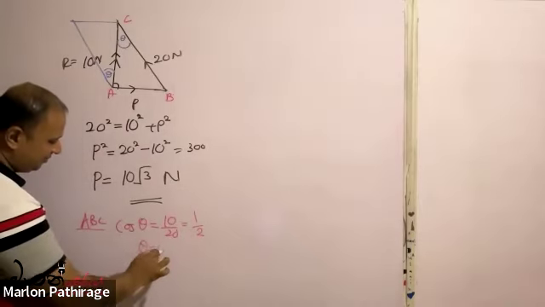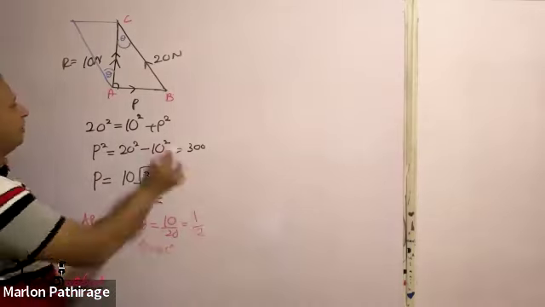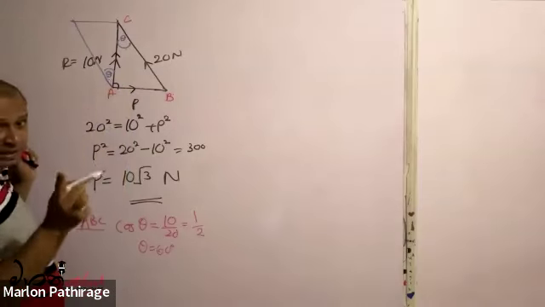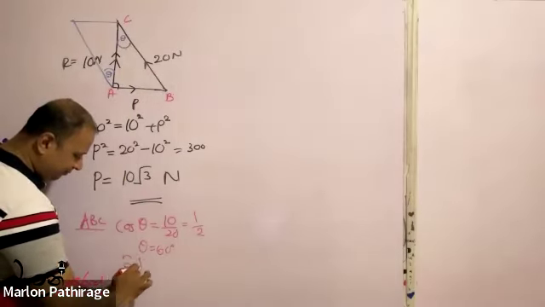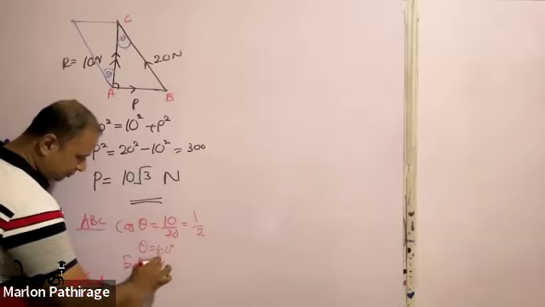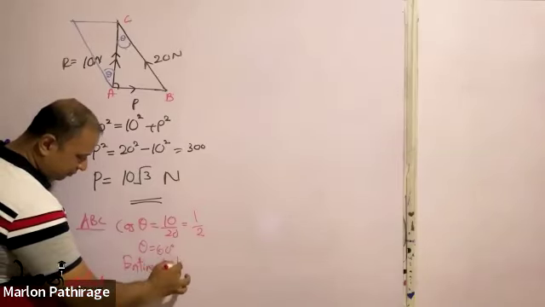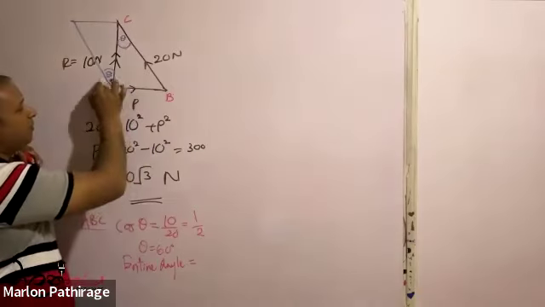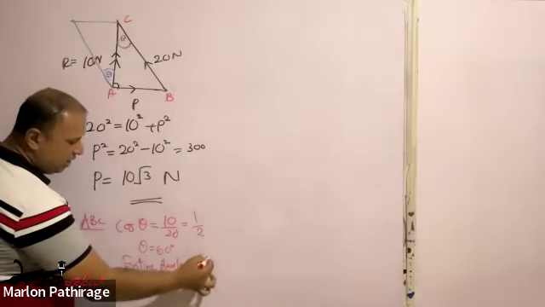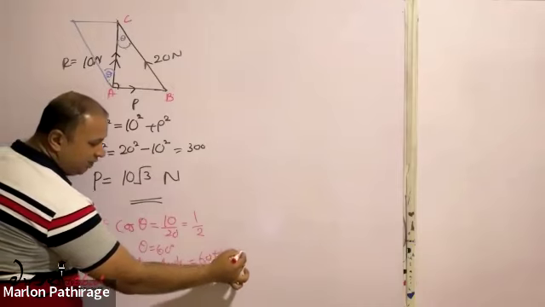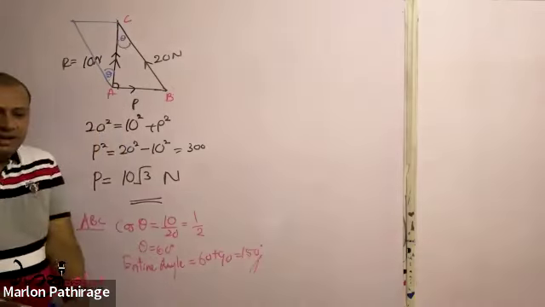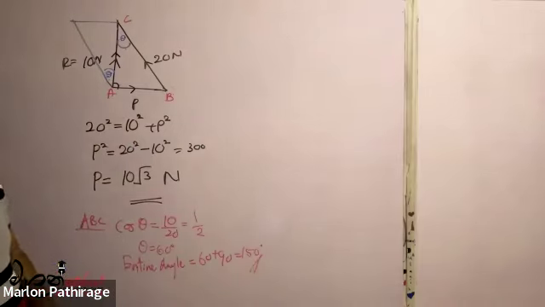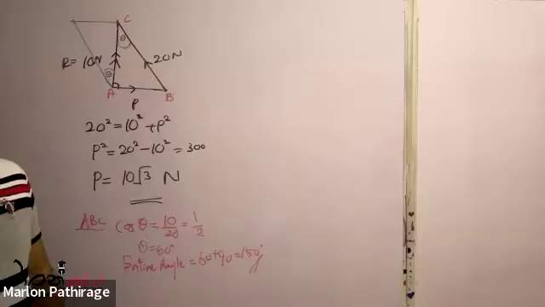So that value is theta, not the entire angle. Therefore, the entire angle is 60 plus 90, that means 150 degree.